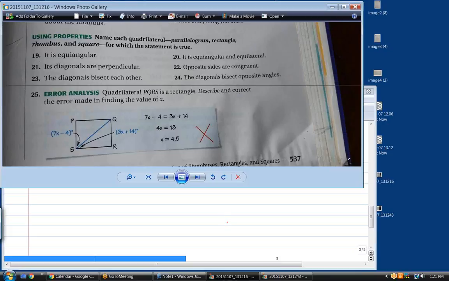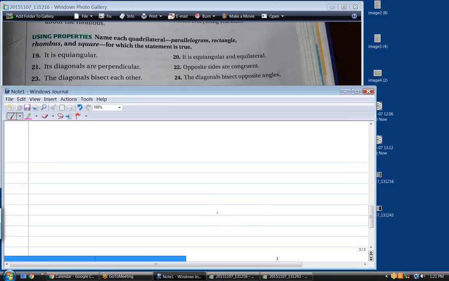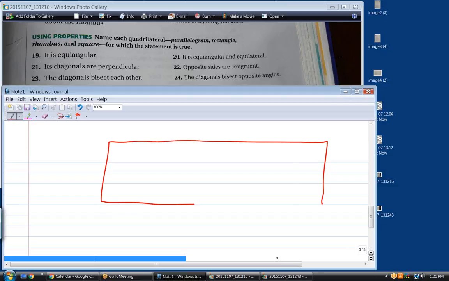The diagonals bisect opposite angles. Well, obviously for a square they do, because you create 45-degree angles. And for a rectangle, let's draw a really long rectangle. That is not going to be a 45-degree angle, so they don't for a rectangle.